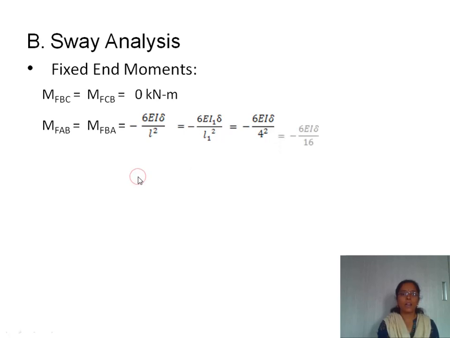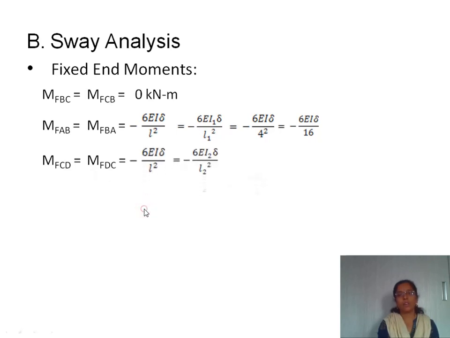And now we will calculate it, that is equal to minus 6EI delta by 16, minus 6EI delta by 16. So now MFCD and MFDC is equal to the same, minus 6EI delta by L square. Which will be equal to the same, minus 6EI delta by 4 square. Hence it is minus 6EI delta by 16.